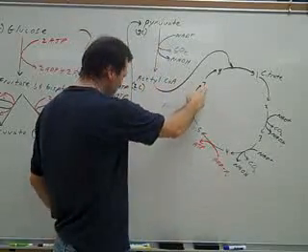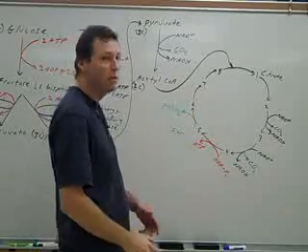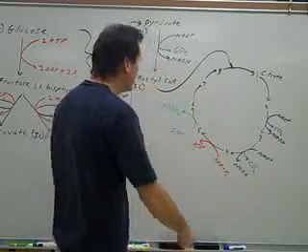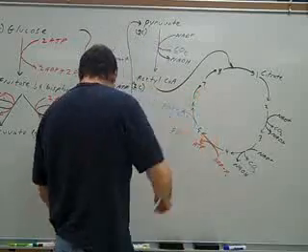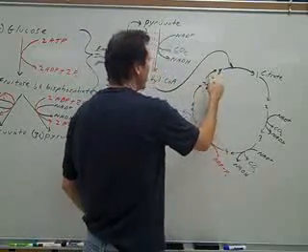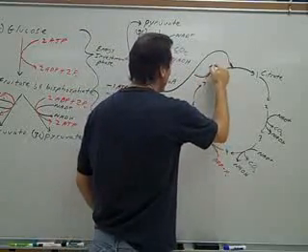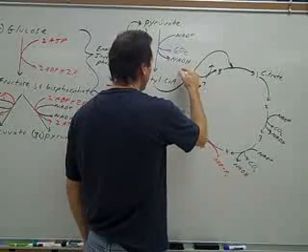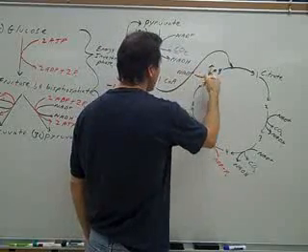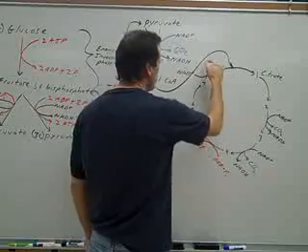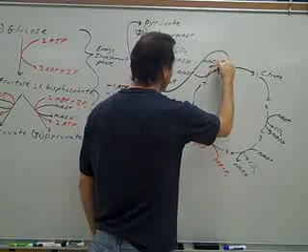Molecule number 6 is now going to get converted to molecule number 7. No energy produced there. However, molecule number 7, when it gets converted to molecule number 8, we are going to pick up some more energy. And NAD+ is going to be reduced to an NADH.